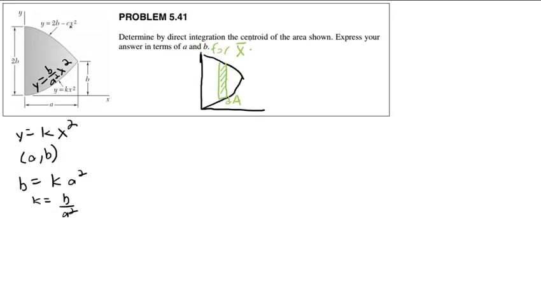I'd like to get rid of the c and the k to start out with, because again, they're asking for this in terms of a and b. They want the direct integration of the centroid of the area shown in terms of a and b.